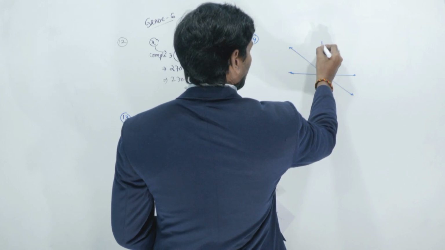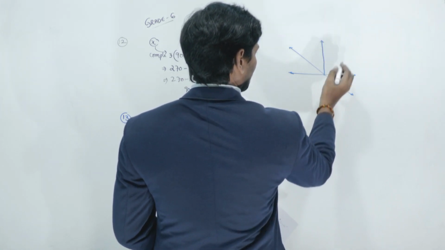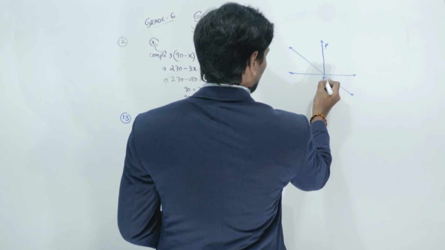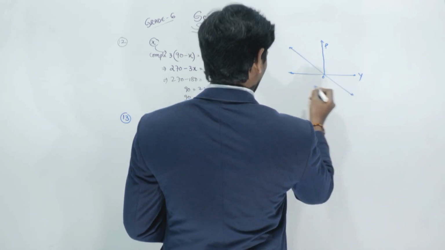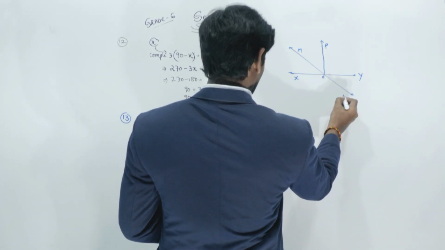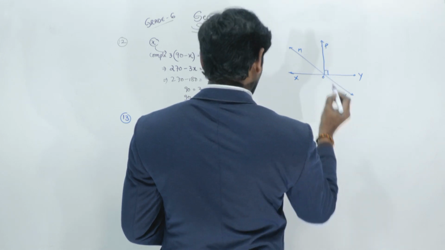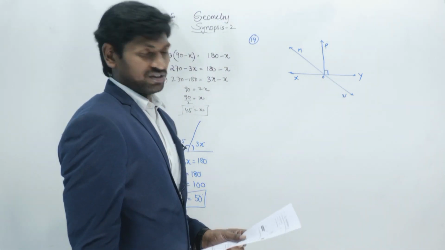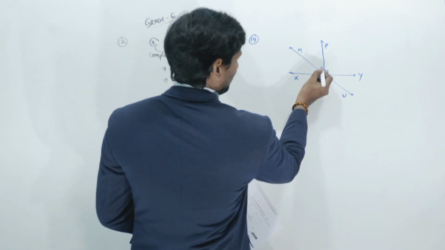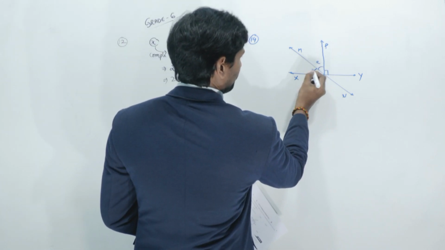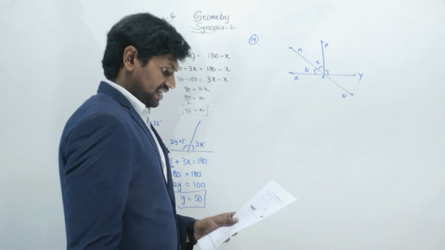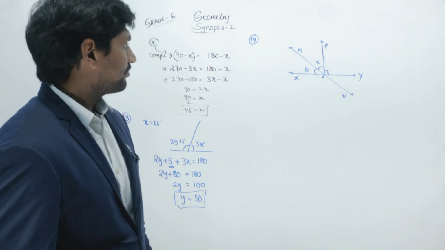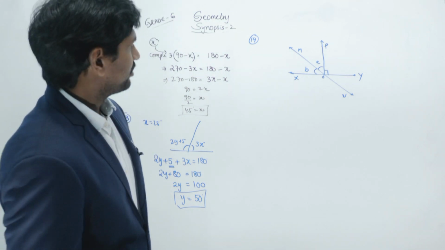So one perpendicular line is given, see here PO and Y. This is 90 degrees. And A is to B is 2 is to 3, this is A and this is B. And we need to find the C value.